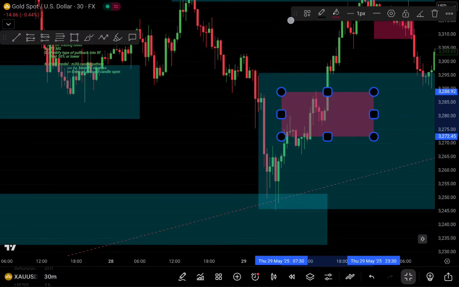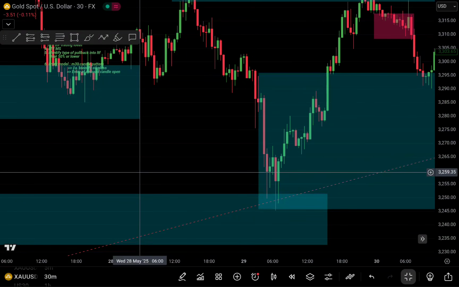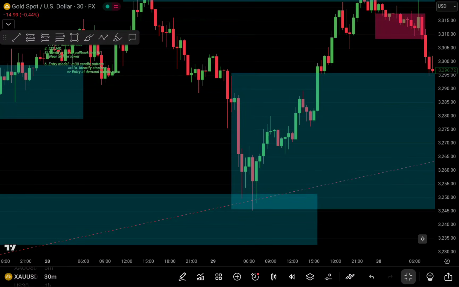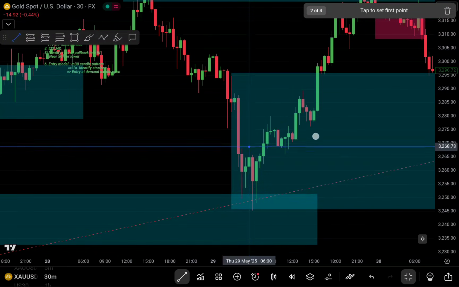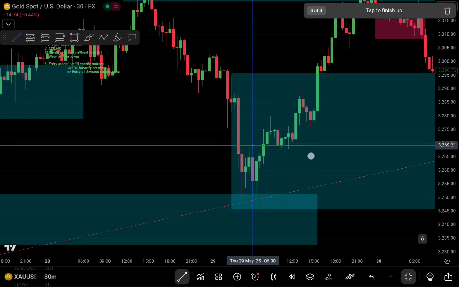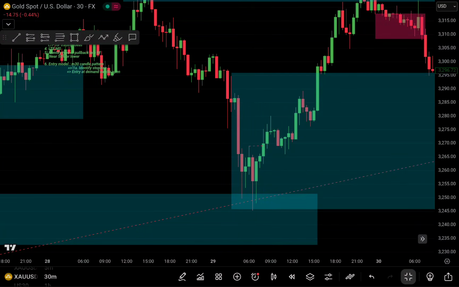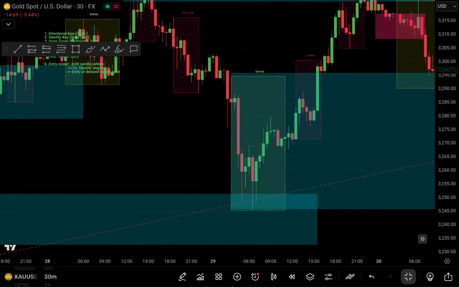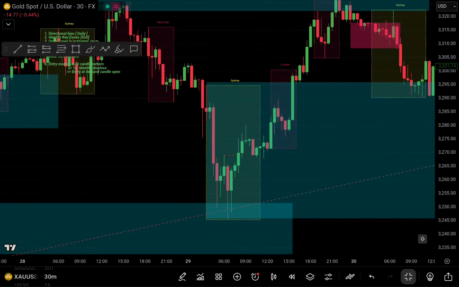In our first example, you can clearly see that price first broke a structure point here, then it moved up, it moved down. If you want to see the session timings, they also go very well with this. In the Sydney Asia session, price was trying to create the first H4 candle. Now the second H4 candle was printed.